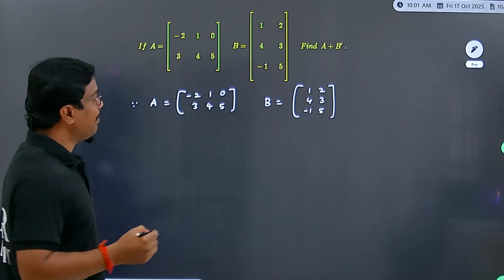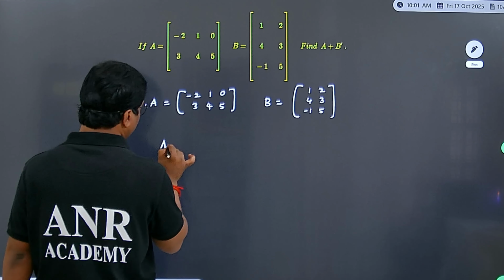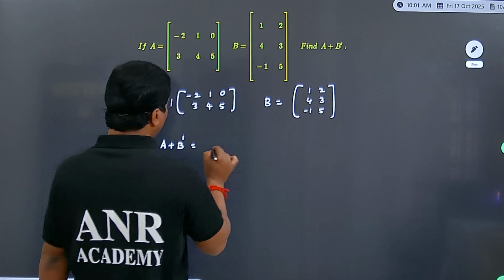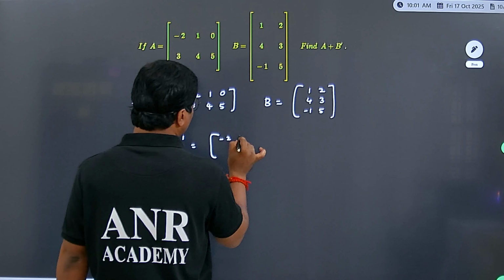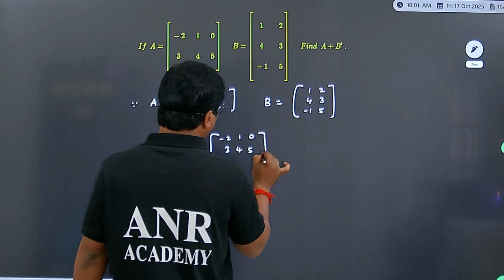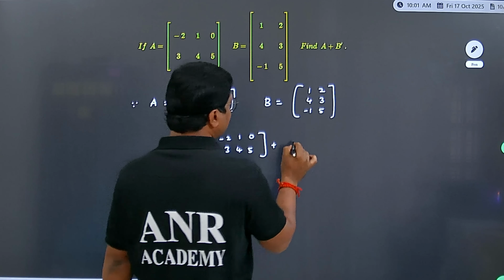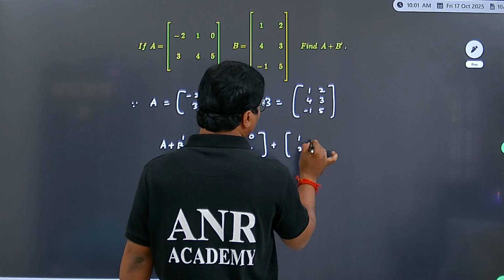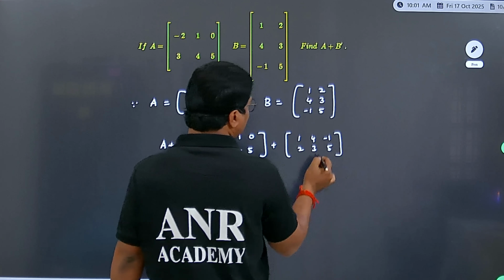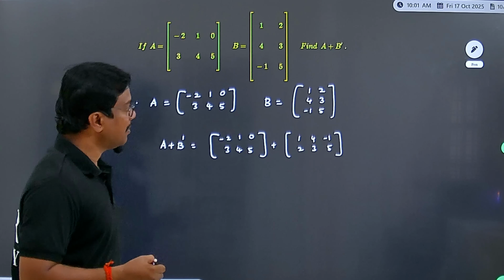Next, A plus B transpose. You have to write A first, minus 2, 1, 0, 3, 4, 5. Next, plus B transpose, 1, 2, 4, 3, minus 1, 5. This is transpose of B.